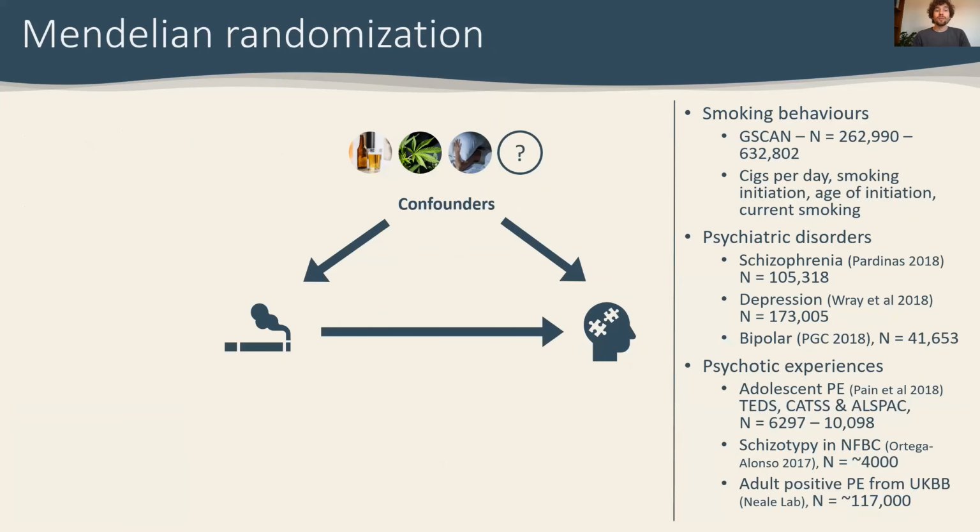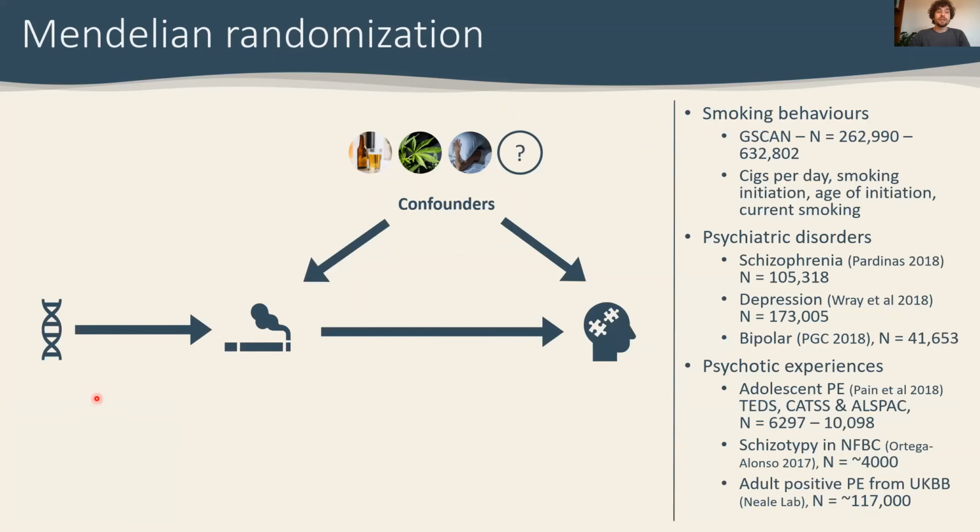So, like I was explaining, if we want to test for an association between something like smoking and mental health outcomes, these associations can be explained by things like alcohol, cannabis use, sleep, or factors that we haven't measured and haven't controlled for. But if we randomize, then confounding becomes less of a concern.